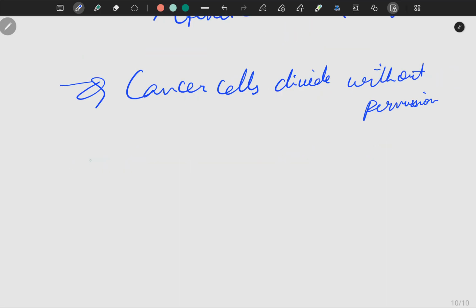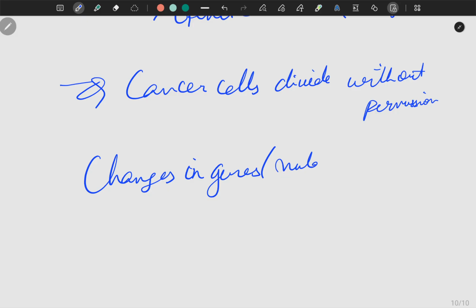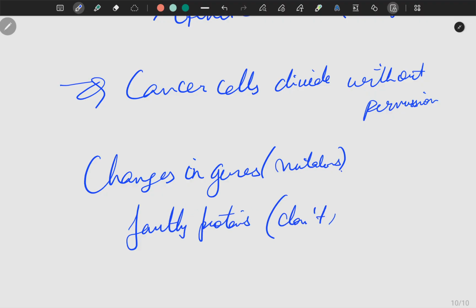Cancer almost always begins because a change in genes happens. The main reason is mutation. These changes produce faulty proteins which don't regulate the cell cycle correctly.